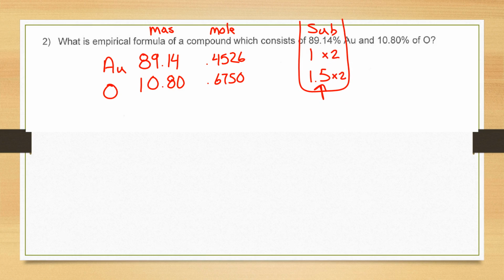And then the other mistake I saw is some people would double this, but not double that. So coming through here, our true subscripts are going to be 2 and 3. So you get Au2O3.